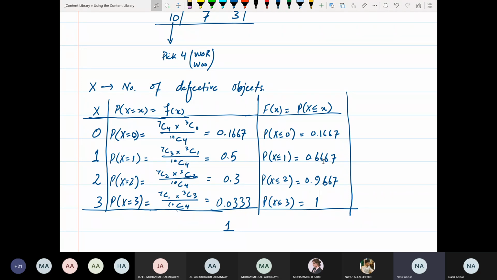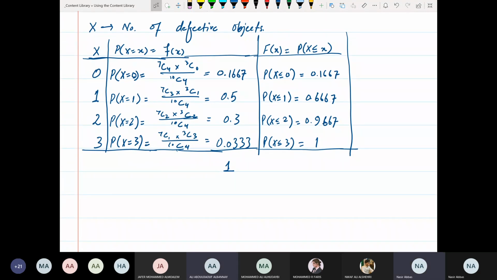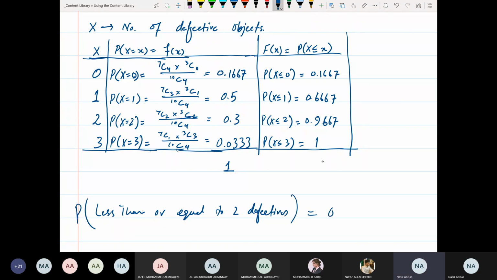What is the probability that I will get less than or equal to 2? It is 0.9667. That's directly 0.9667. You don't need to calculate again. This is coming directly from the table.